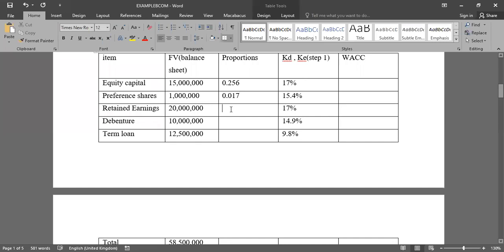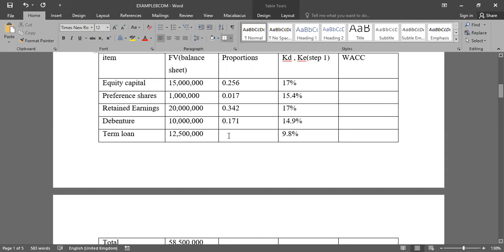If you're using a calculator, the easiest thing is to change the front figure only, then you're faster. This is 0.334. Then you have 10m, which gives 0.171.